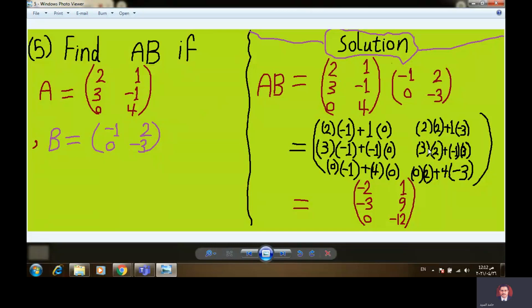Then the second row times the second column. Then the third row times the first column, and the third row times the second column. We obtain this matrix of elements negative 2, 1, negative 3, 9, 0, and negative 12. Notice there is a distribution here.